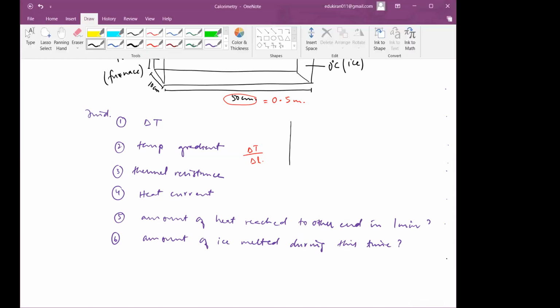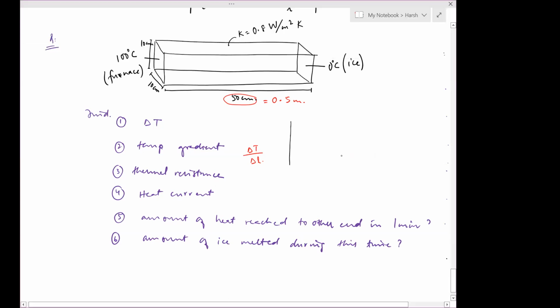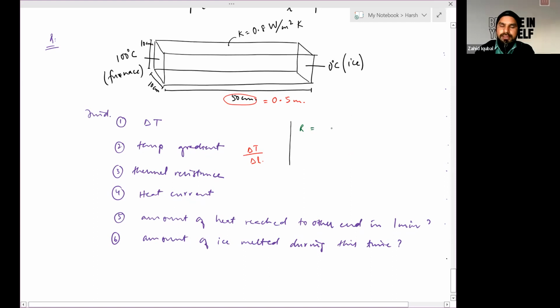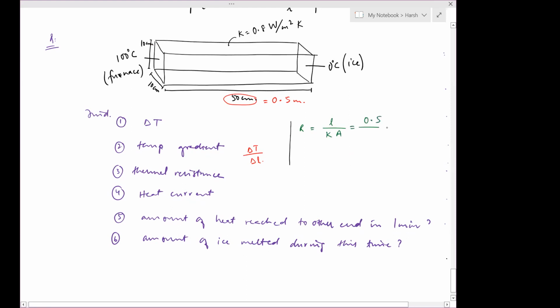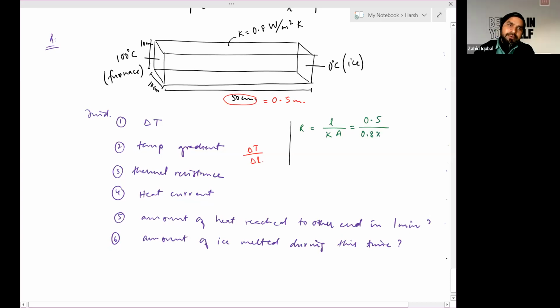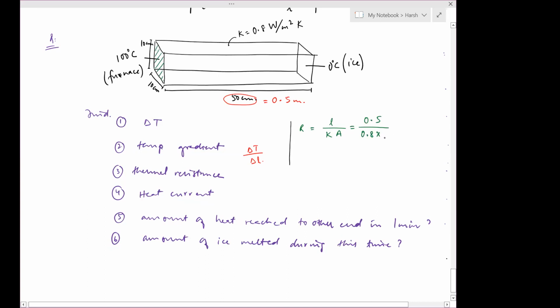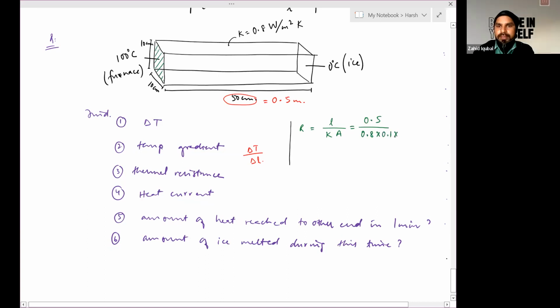Sir, for the third one, the formula is delta Q by delta T, right? No, we have to calculate thermal resistance. Thermal resistance is L divided by K into A. Length we have 0.5, K is thermal conductivity 0.8, and A is area of cross section of this part, so it will be 0.1 multiplied by 0.1.